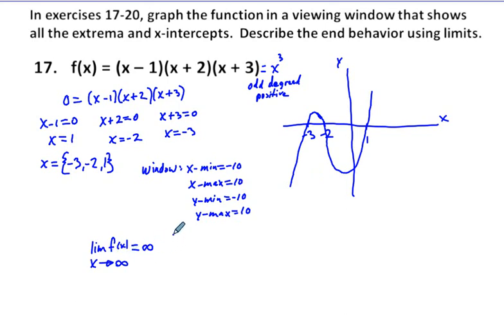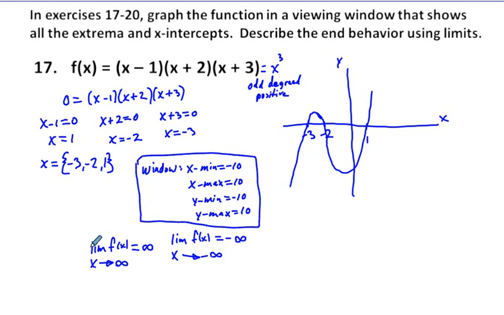And for the other way, limit as x approaches negative infinity of f of x is equal to negative infinity. So that's going to take care of problem number 17.